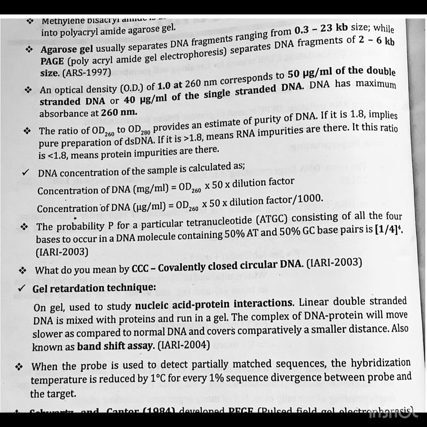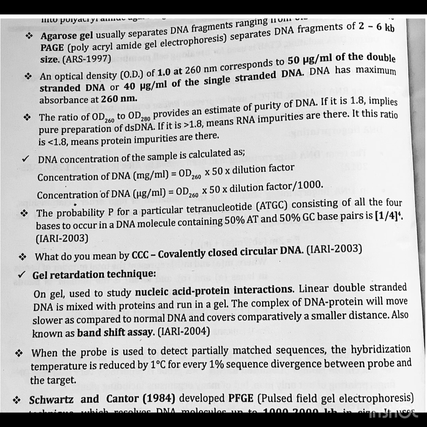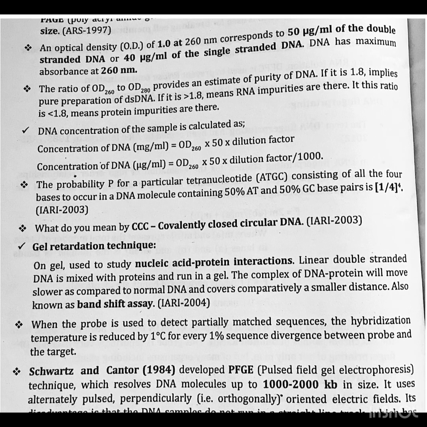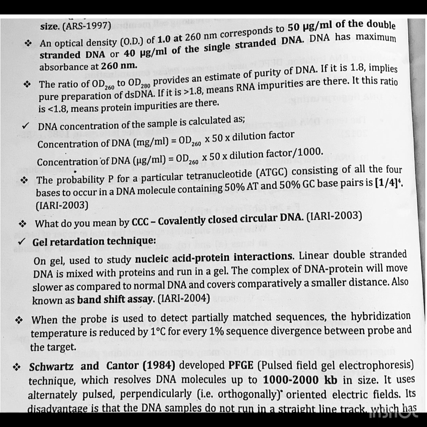DNA concentration of the sample is calculated as: concentration of DNA in mg per ml is equal to optical density 260 into 50 into dilution factor, and concentration of DNA in microgram per ml is equal to optical density 260 into 50 into dilution factor by 1000.